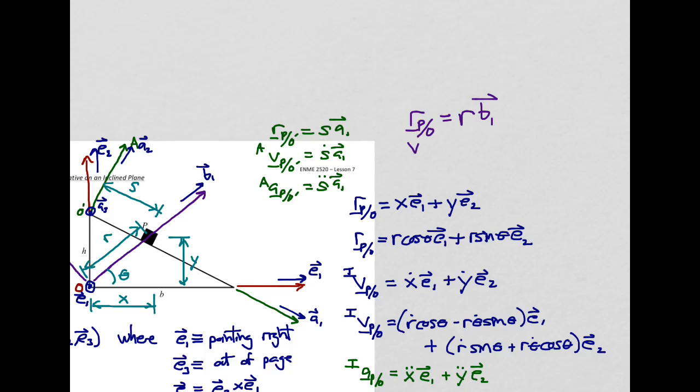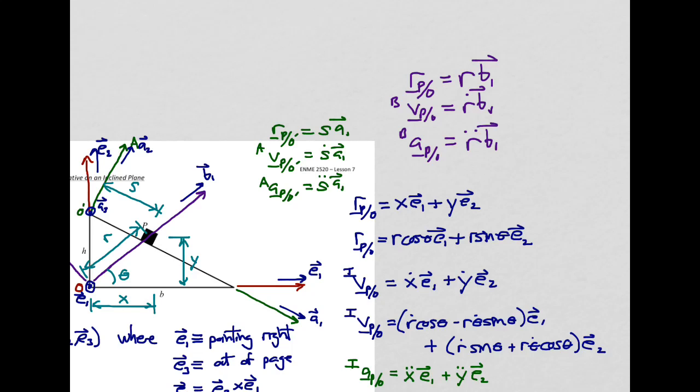And our velocity of P with respect to O in reference frame B is R dot in the B1 direction. And then the acceleration of P with respect to O as observed in the B reference frame is R double dot B1.